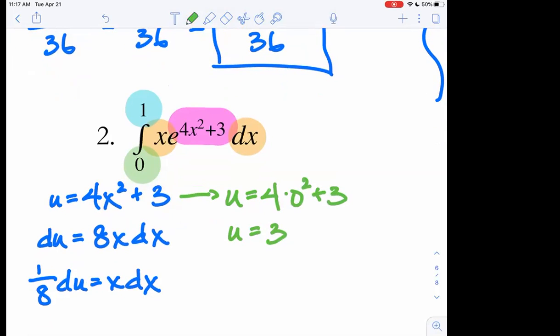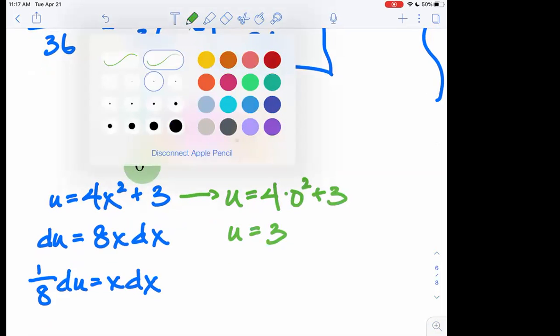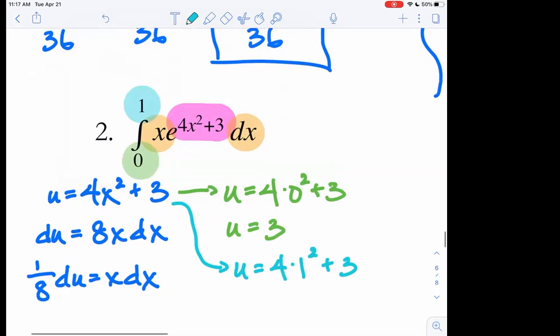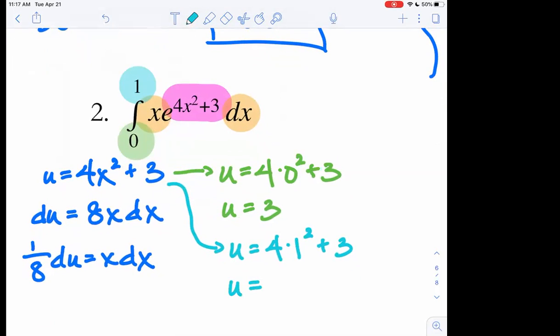So when I substitute out, I'm going to change my bottom number from 0 to 3. I'm going to change the top number too. 4 times 1 squared plus 3. And that's going to give me 4 plus 3, which is 7. So when I substitute in my equation, I'm going to have bounds that are 3 and 7, not 0 and 1.